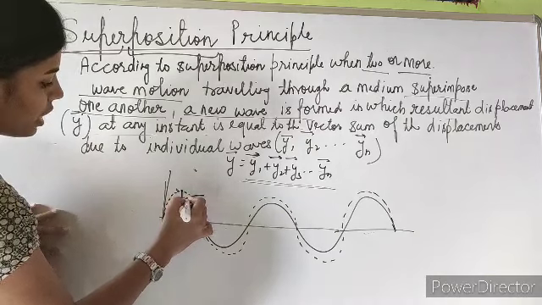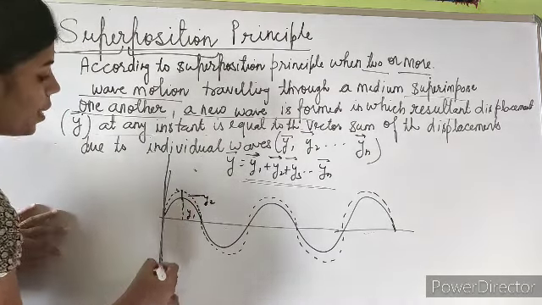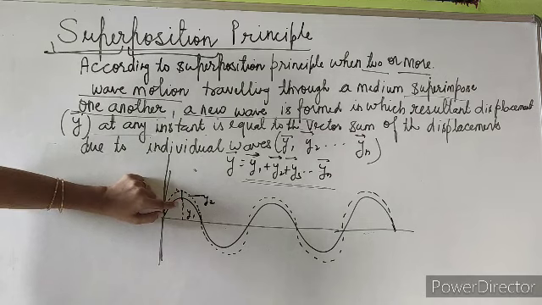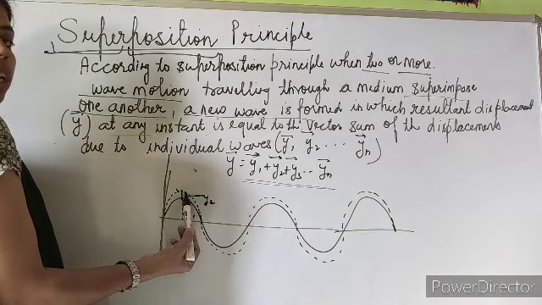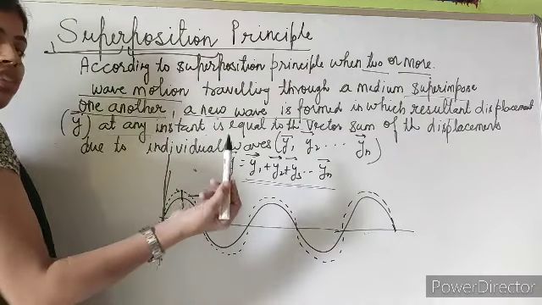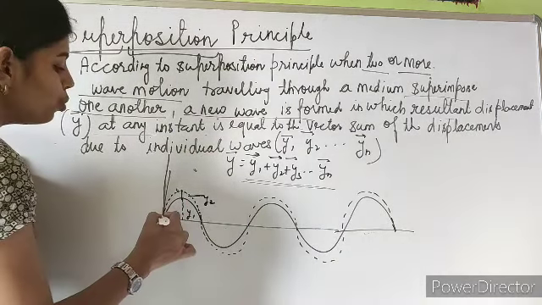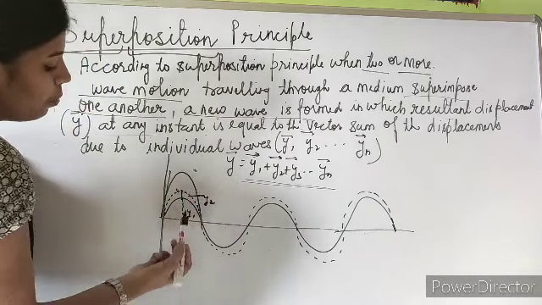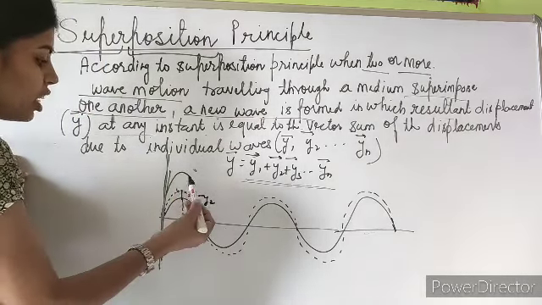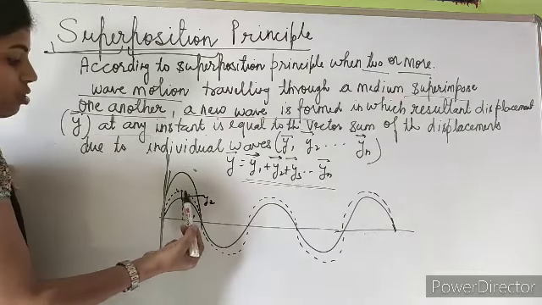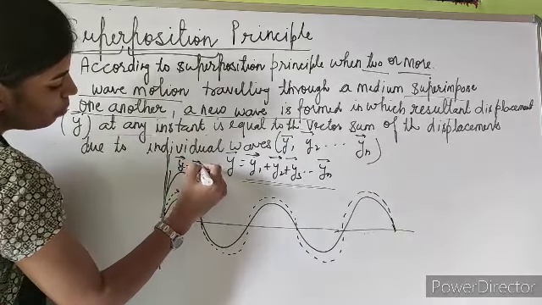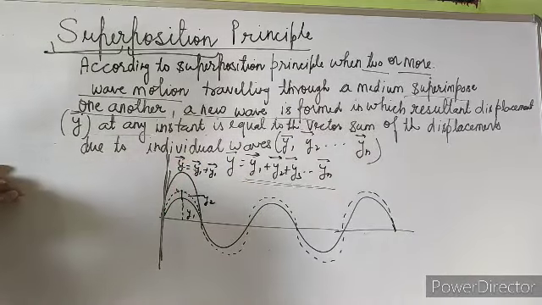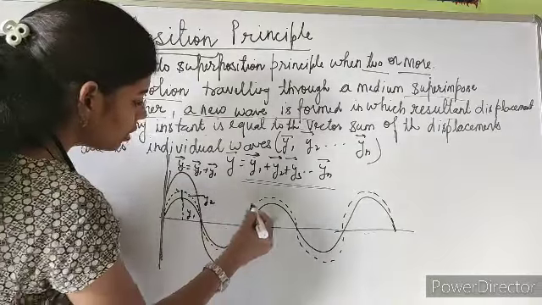Suppose its displacement is y2, and by the superimposition of these two waves, a resultant wave is formed. Here you can see that crest of one wave is falling on the crest of another wave. So the displacement of the resultant wave will be equal to the sum of the individual displacements of these two. Here it would look like this.